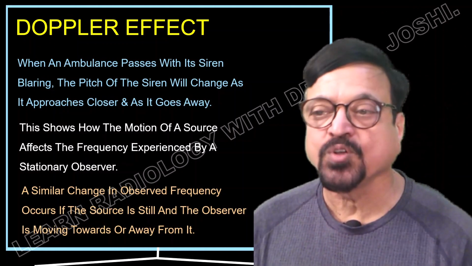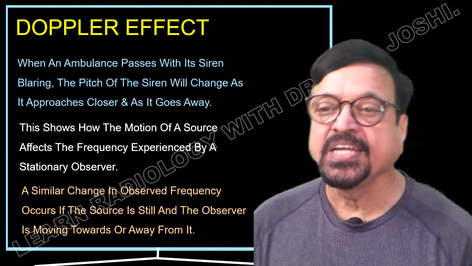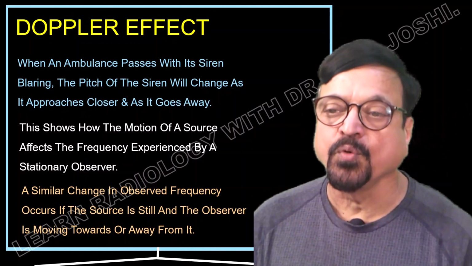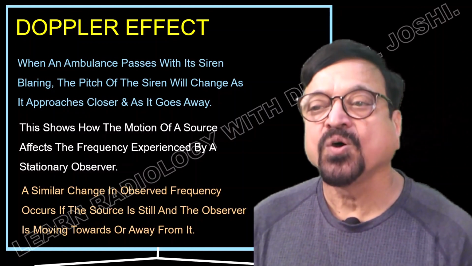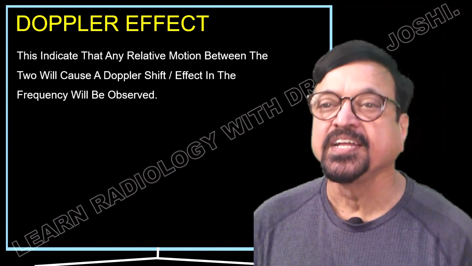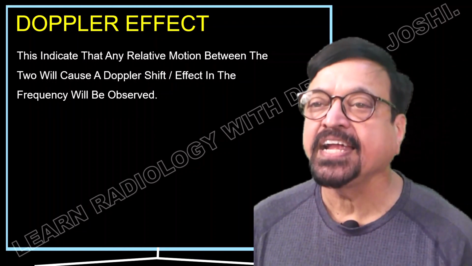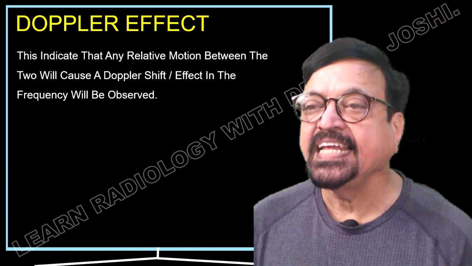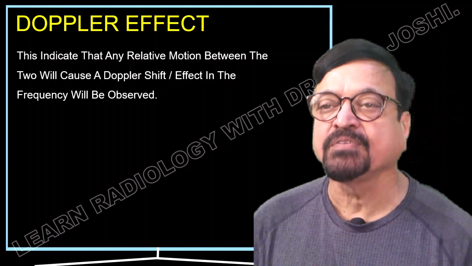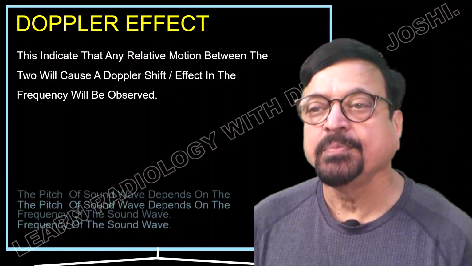A similar change is observed if the source is still and the observer is moving towards or away. There will be a different shift by which he can know whether the source is moving towards him or away from him. The Doppler effect means that any relative motion between the two will cause a Doppler shift in the frequency that will be observed.